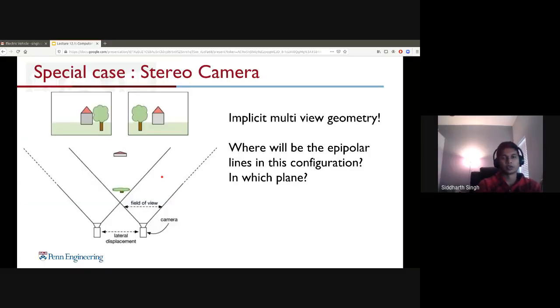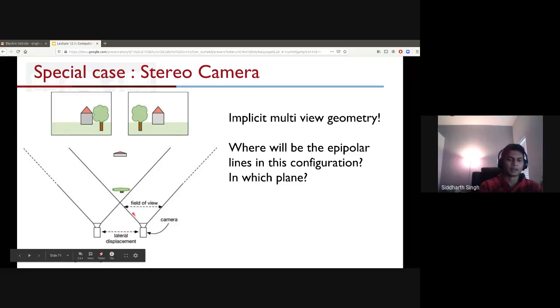So, the stereo camera is actually also a very simplified example of multiview geometry and helps us find information that a single view camera, which is a monocular camera, will not be able to provide us with. Now let's say that I have two cameras, and I have a fixed lateral displacement that I have provided it with.